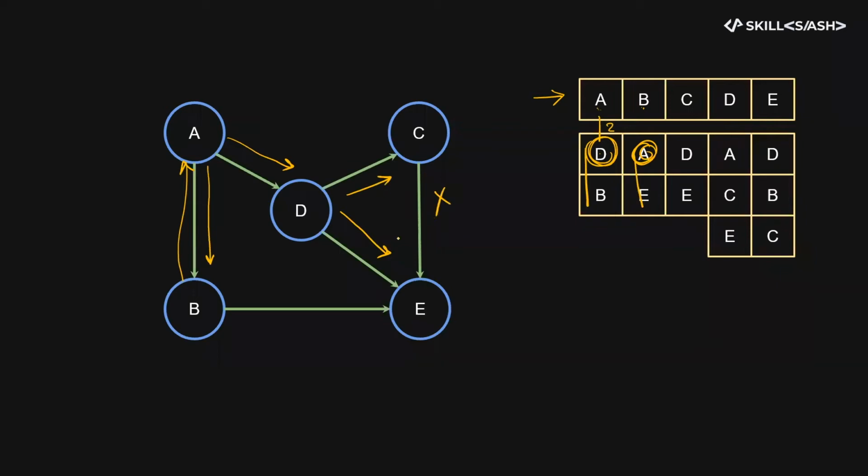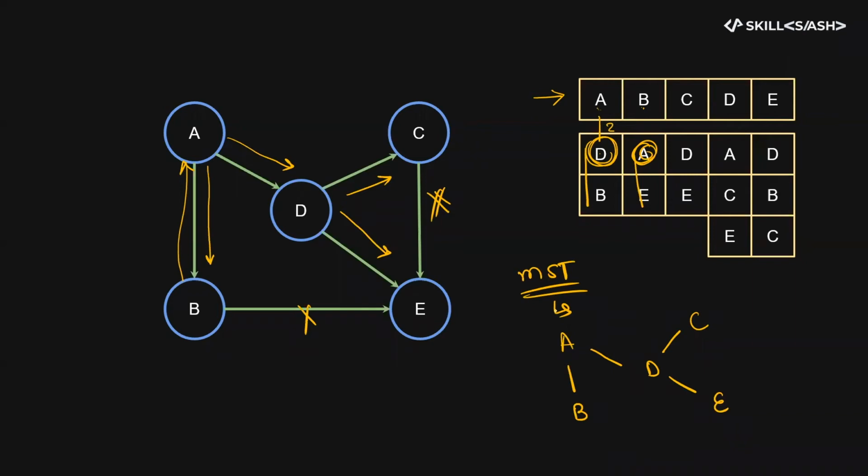So you're not traversing these two edges. So your minimum spanning tree becomes like this: A to D, A to B, and D to C and D to E. That's it. This is your minimum spanning tree. You're covering all the nodes.